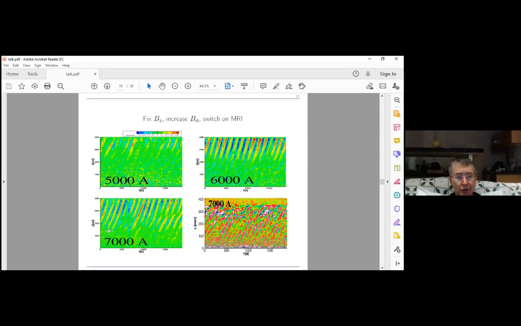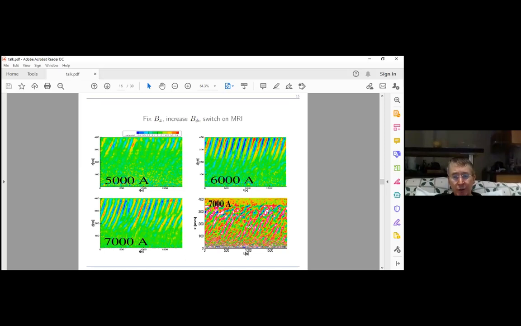So sure enough, we can see some sort of structures that drift upward. From these patterns, we could measure a wavelength, and from the slopes of these lines, we can measure the speed and do theoretical comparisons, and they look generally good with the theory.